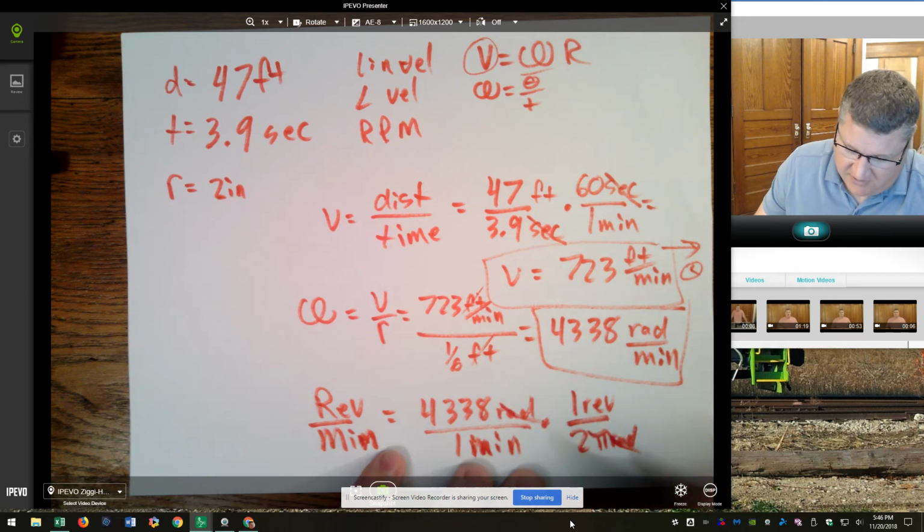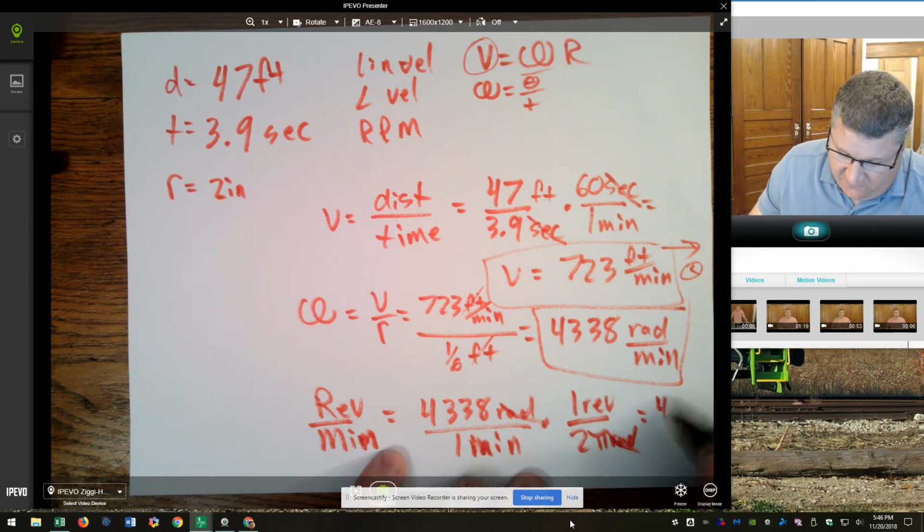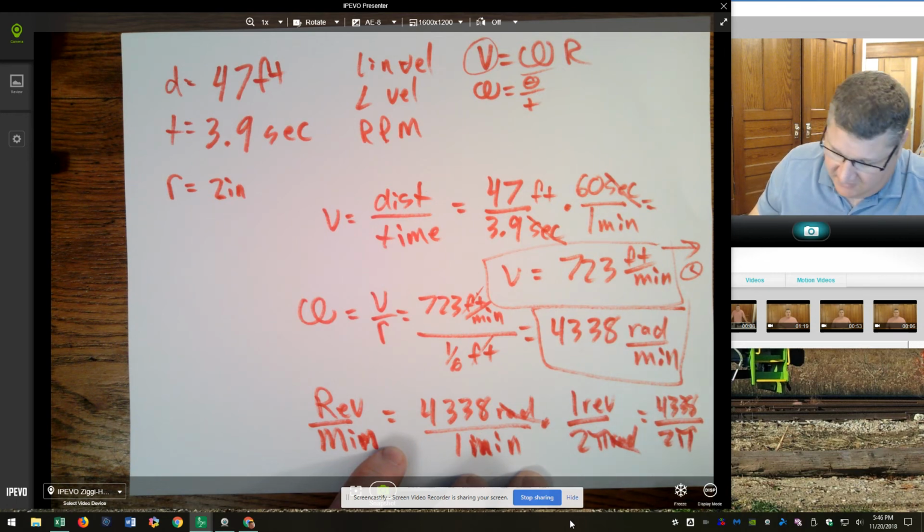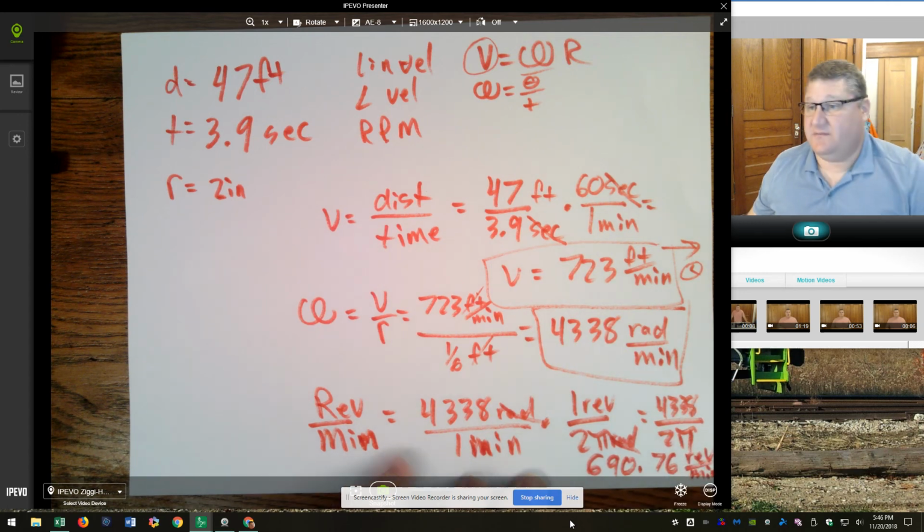Radians gone, and I'm left with 4338 all over 2 pi, so let's divide 4338 by 6.28, and that comes up with 690.76, and that is now in revs per minute.